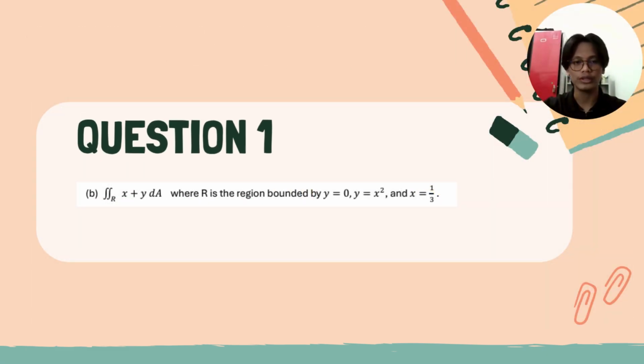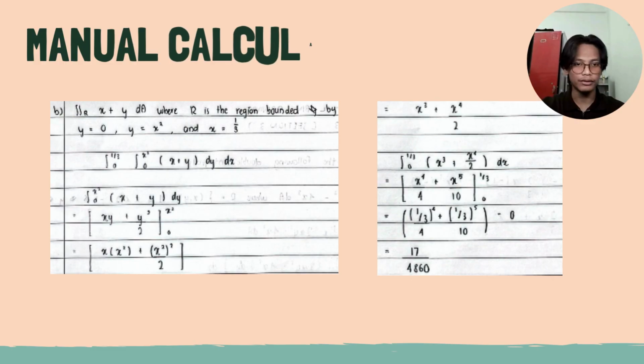Next, we move on to question 1b, which is the double integral over region R of x plus y dA, where R is the region bounded by y equals 0, y equals x squared, and x equals 1 over 3. Next, for the manual calculation, we did it the same as question 1a, but this time it's simpler.